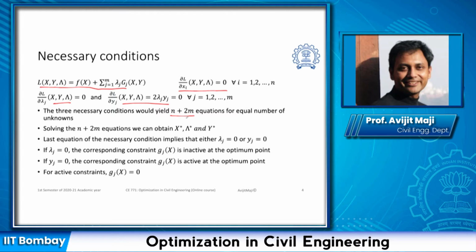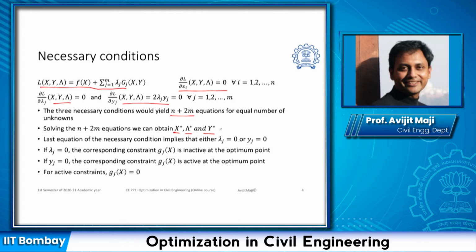So together we are going to have n plus 2m unknowns. So solving these n plus 2m equations for n plus 2m variables, we can easily obtain the optimum solution vector for x, Lagrange constants or multipliers, and y, that is the slack variable.